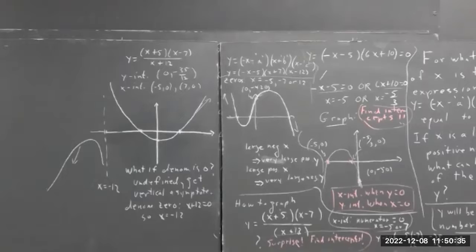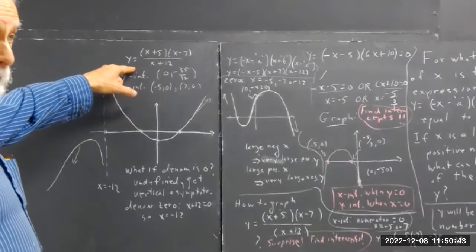That kind of looks like I just drew a parabola, and that's not really what happens. Okay. Turns out that there's a slant asymptote for this function.